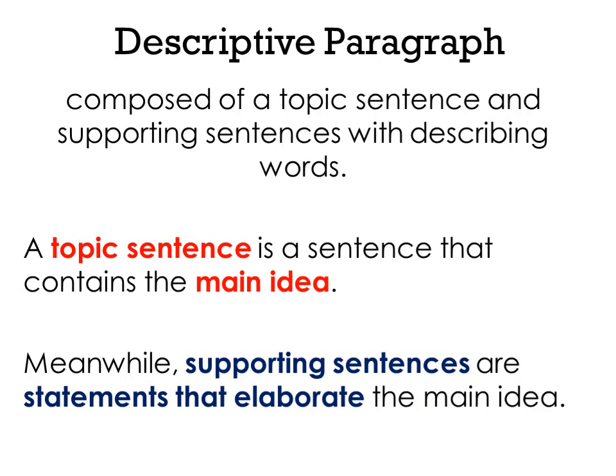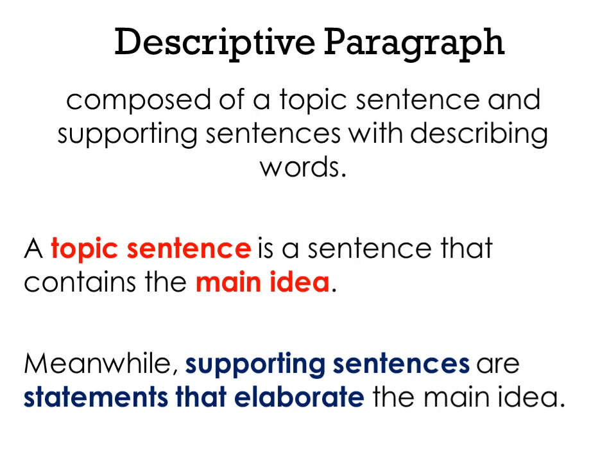So now let's proceed with the descriptive paragraph. A descriptive paragraph is composed of a topic sentence and supporting sentences with describing words. A topic sentence is a sentence that contains the main idea. When we say main idea, it's the topic.